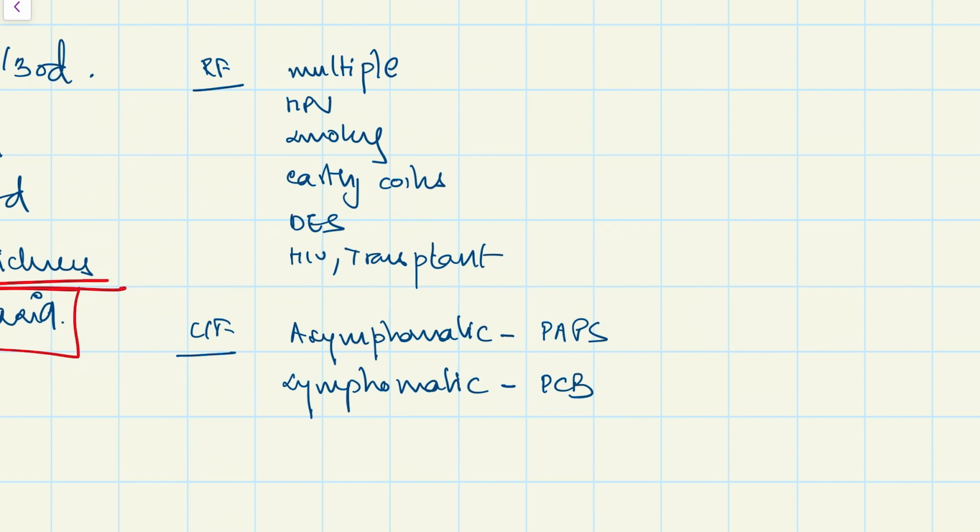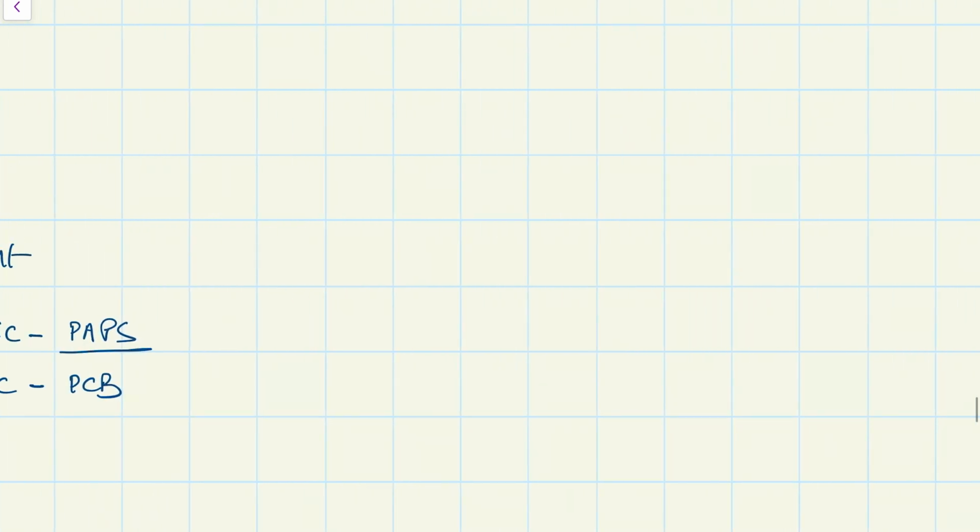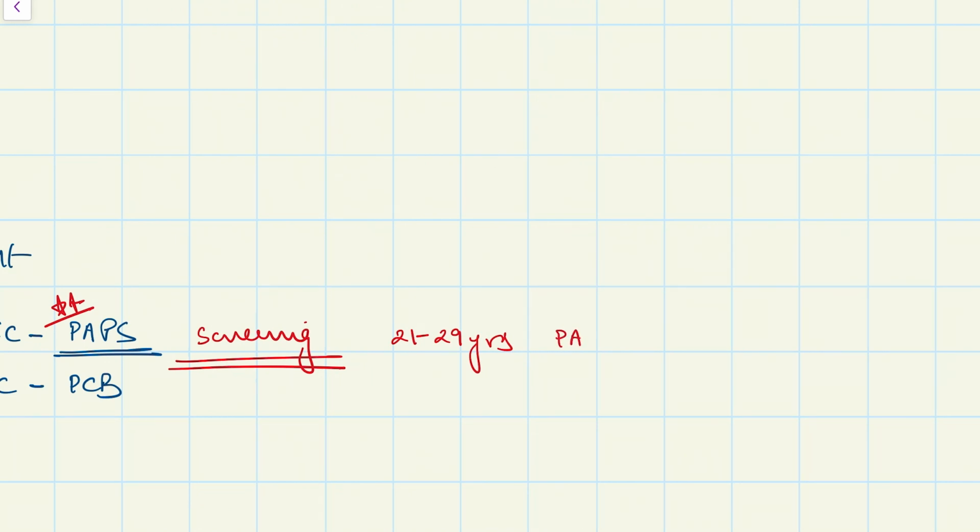Here let us look at Pap smear. So Pap smear is an important topic. It is used for screening cervical cancer, and the screening is started at 21 years of age. For patients between 21 to 29 years, the screening should be done every 3 years with Pap smear.